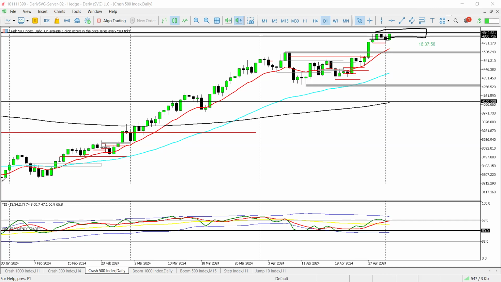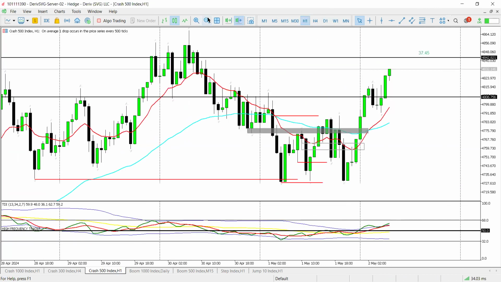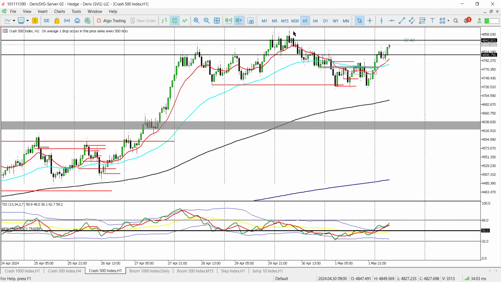So if we fail to take out this high from I think 2 or 3 days ago, if we fail to take out this highest high here, then we might still actually look for sells, or otherwise this market will be in a range.